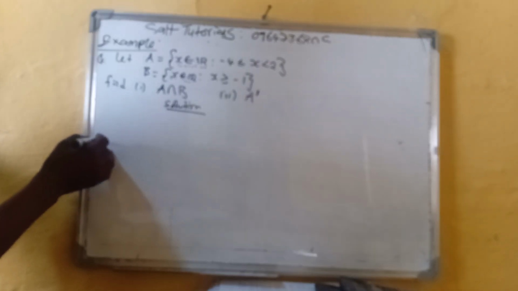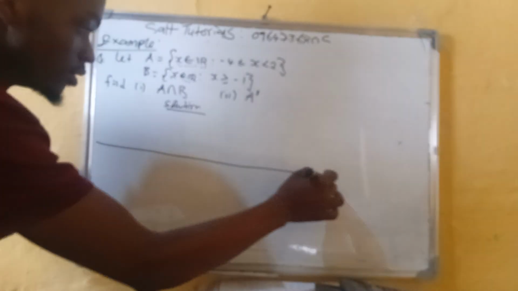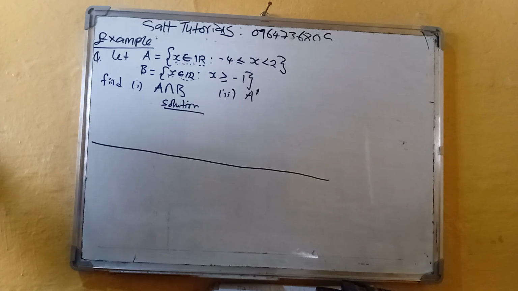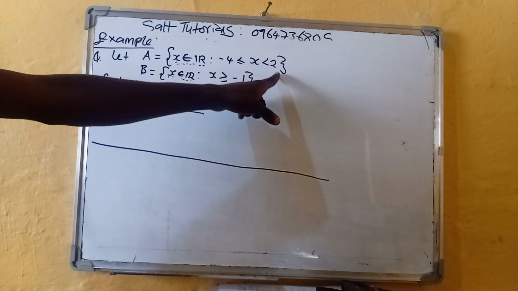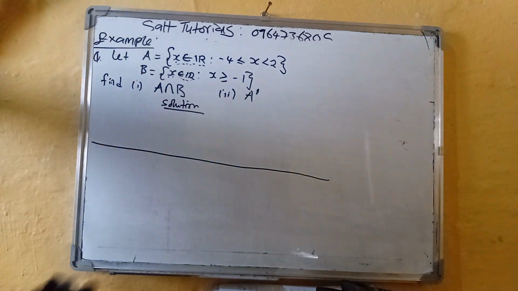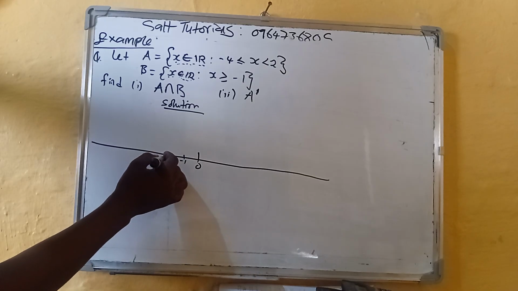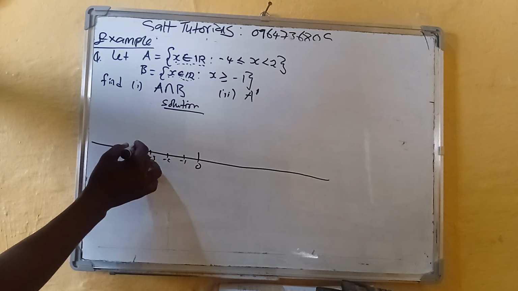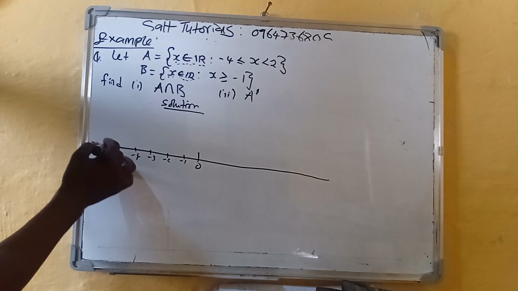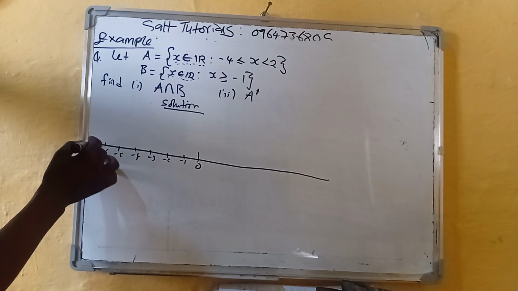Solution. From my real number line, what do I have? I have from -4 to 2 as my A. So if this was my 0, maybe I can have -1, -2, -3, -4, -5, -6, and the count continues.